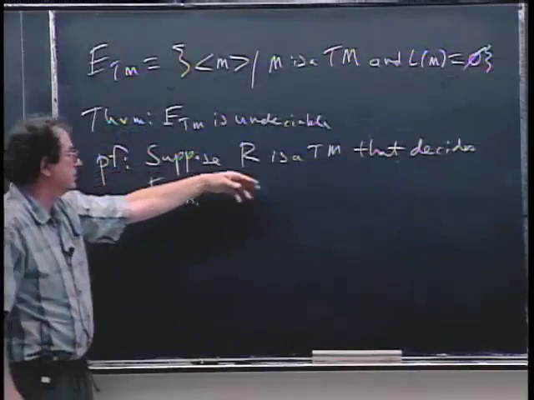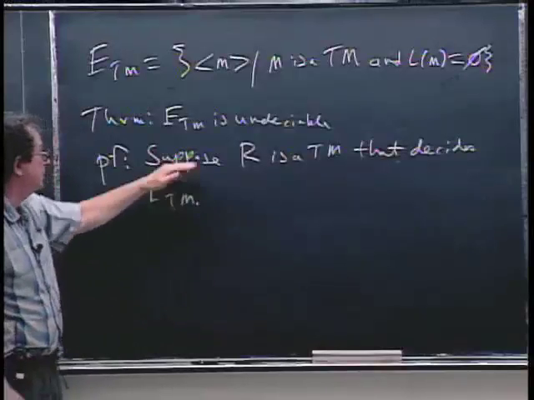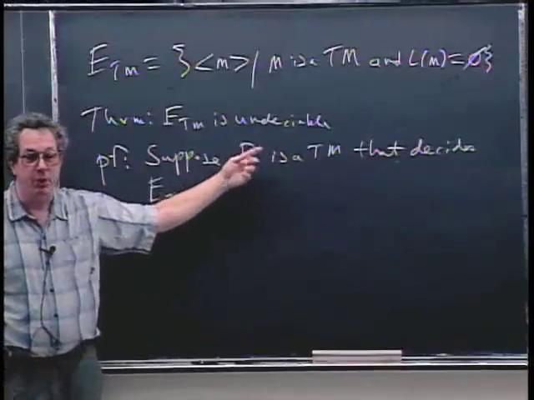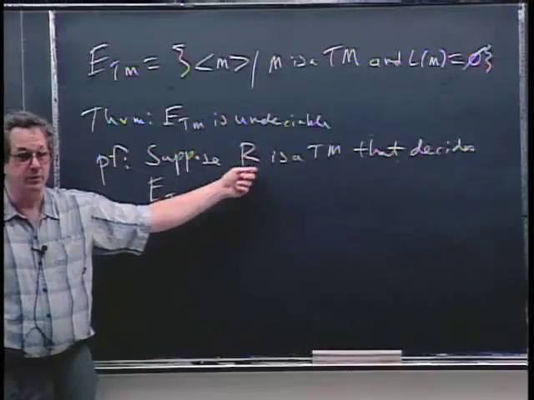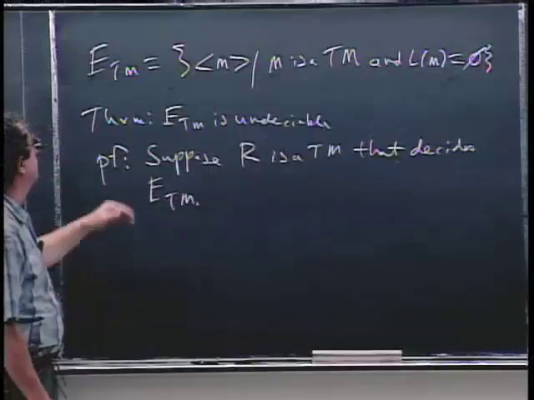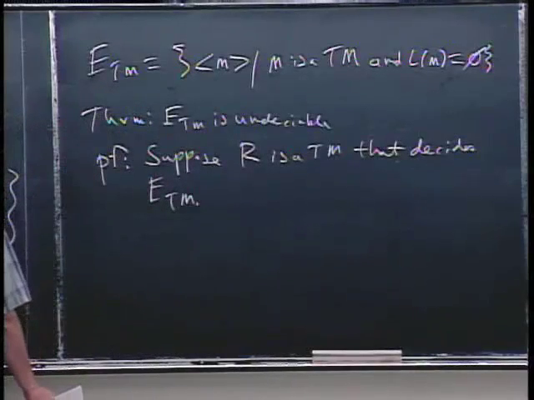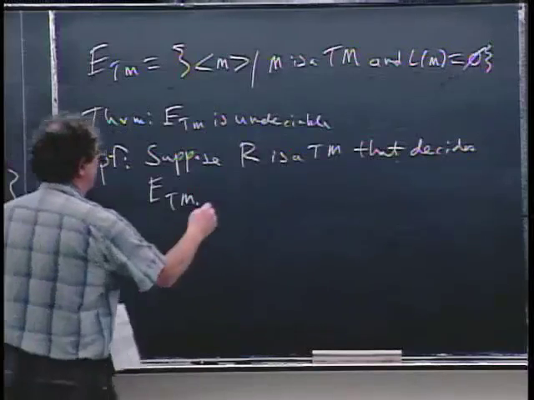And that means that there is a Turing machine R that actually decides that language. Now we're going to use the supposed existence of this Turing machine R to build another Turing machine which can decide, in this case, ATM.